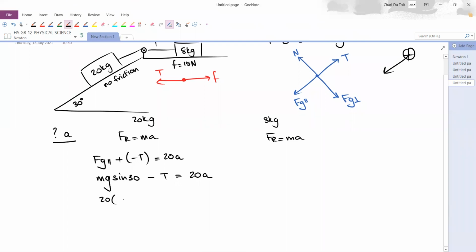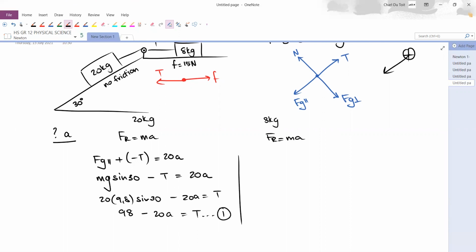I forgot that 20 negative. 20 times 9,8 times sin 30 minus 20A equals tension in the rope. If you type that in your calculator, you should get 98 minus 20A is tension in the rope. That's my first formula.